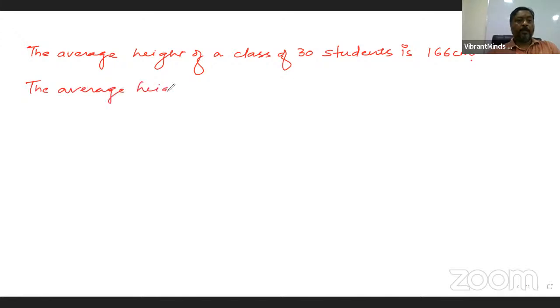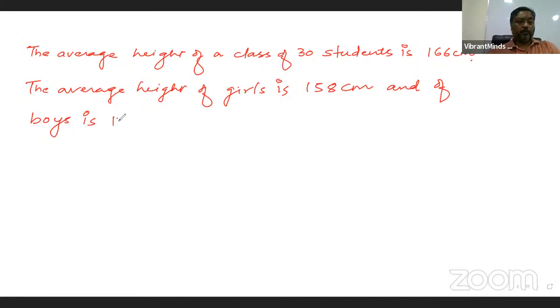The average height of girls is 158 centimeters and of boys is 170 centimeters.